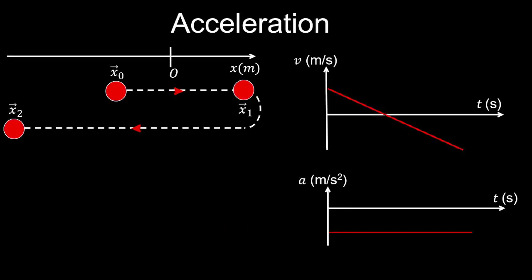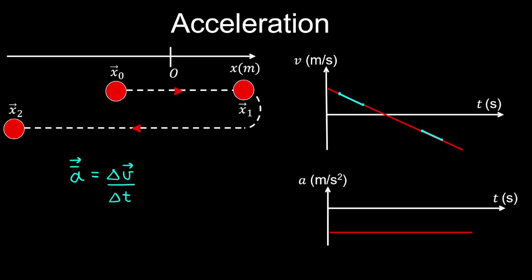We can define average and instantaneous acceleration in a similar way we define those velocities. So the average acceleration is the change in velocity on the change in time. So here you can see that the velocity is linear. So between any 2 points on this curve, you can see that the slope is constant.